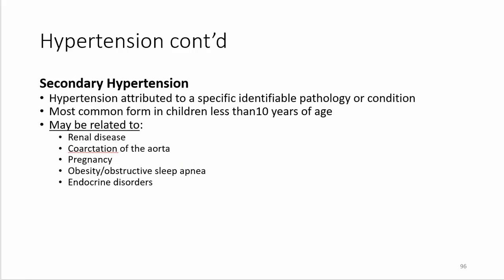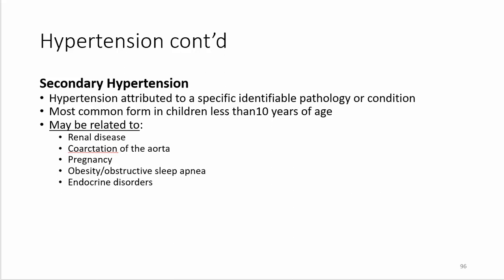Now, secondary hypertension is hypertension, and it has the same manifestations, but it's not idiopathic, but rather it's a sequela of other diseases. When we see hypertension in kids under 10, it is likely secondary hypertension.